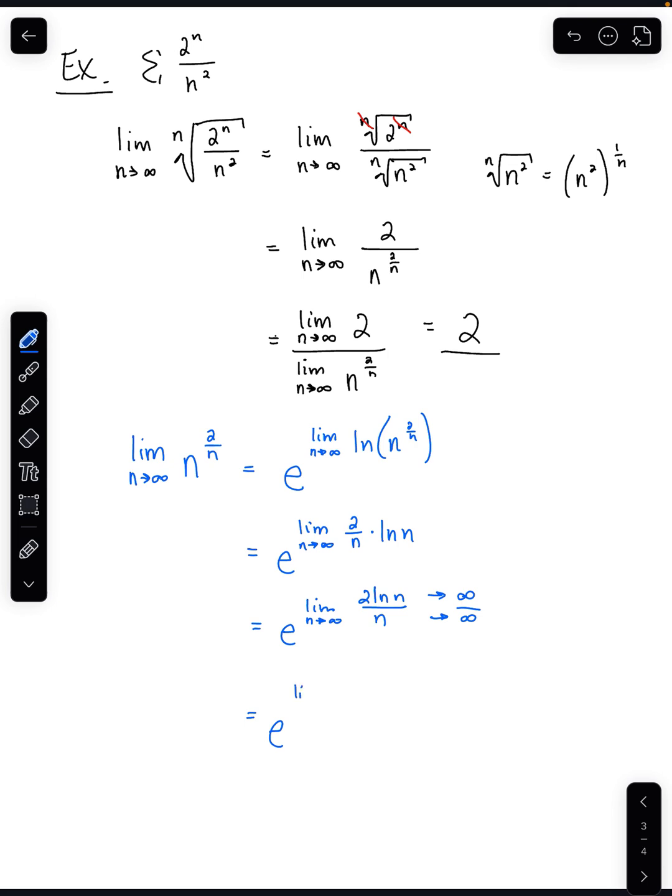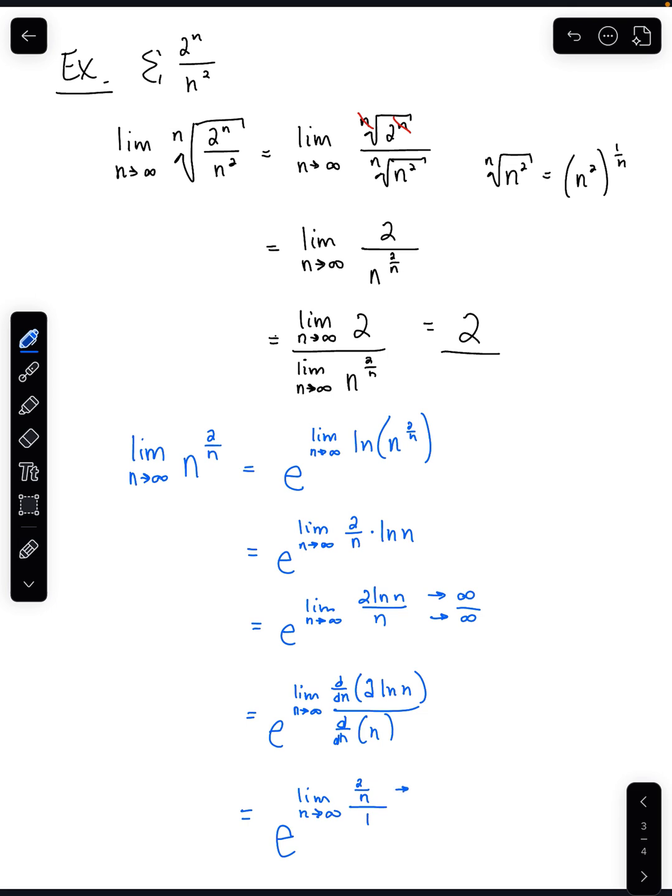So we would have e to the limit as n approaches infinity of the derivative of 2 ln of n over the derivative of n. The derivative of 2 times ln of n is 2 over n, and the derivative of n is 1.